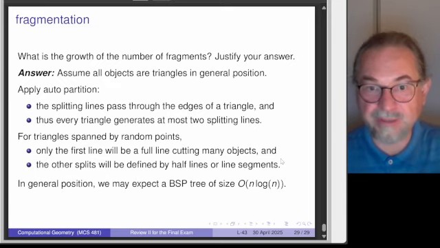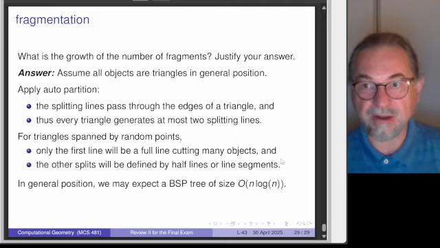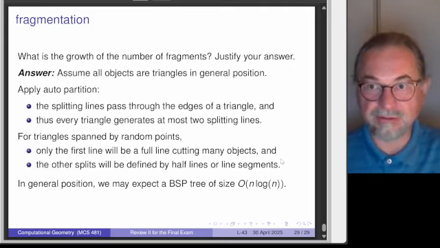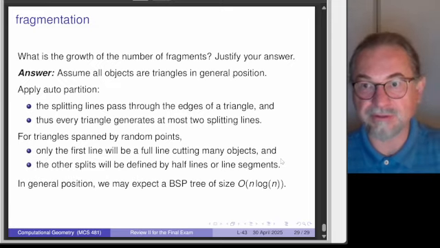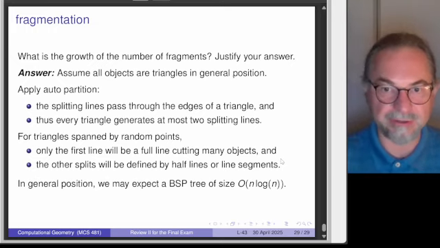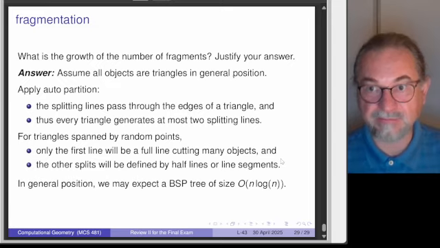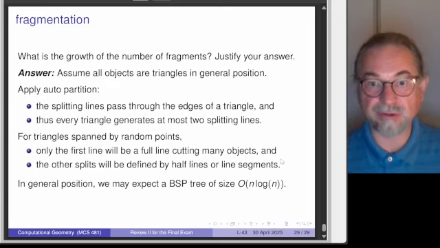Another way, you could also see that this binary space partition defines a tree. So you have all the triangles in the left, all the triangles in the right, or below and above, or at one side of the line and the other side of the line. And you may expect that this is a very nice balanced tree.